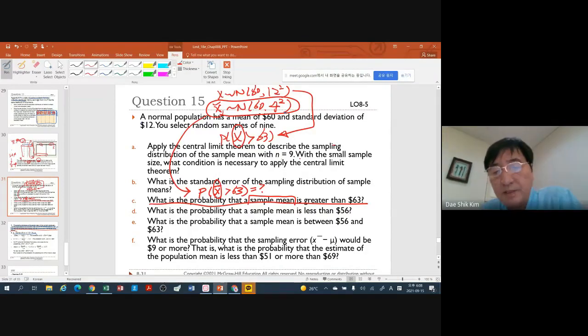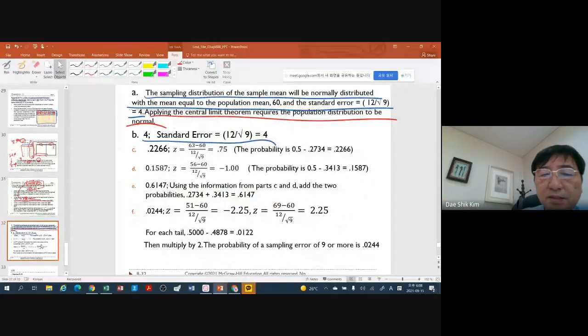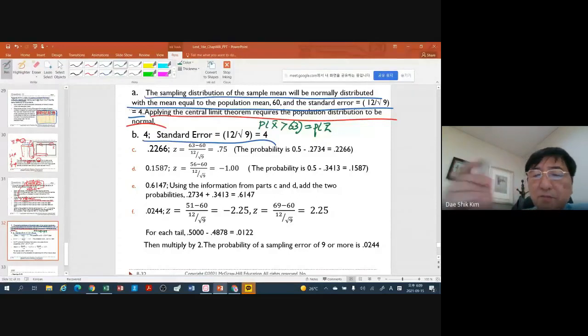The probability that X bar is greater than 63, I will change into standard normal probability: 63 minus mu, which is 60, divided by sigma, which is 4, not 12. This is very important.